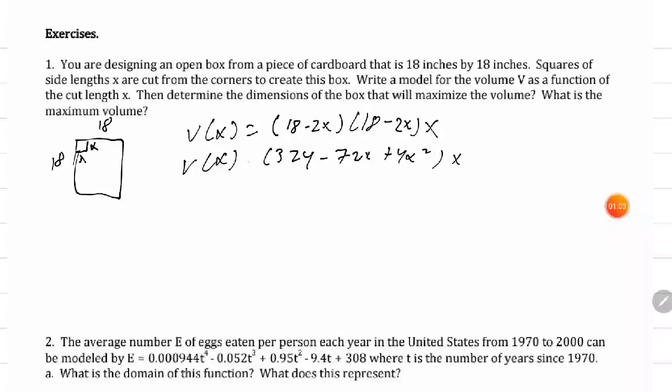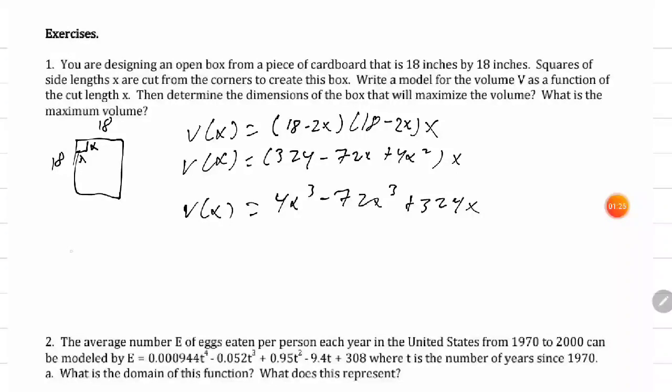And then there's that x left over the side. So my formula is 4x cubed minus 72x squared plus 324x. Okay? So now that we have our function, we put it in our calculator and we look for those humps.